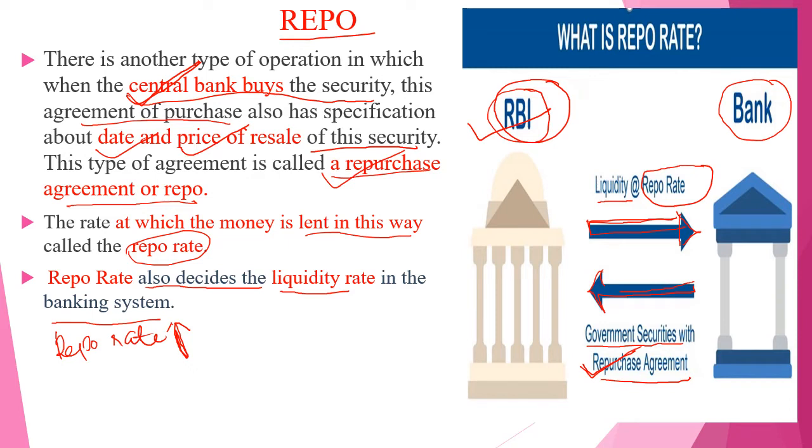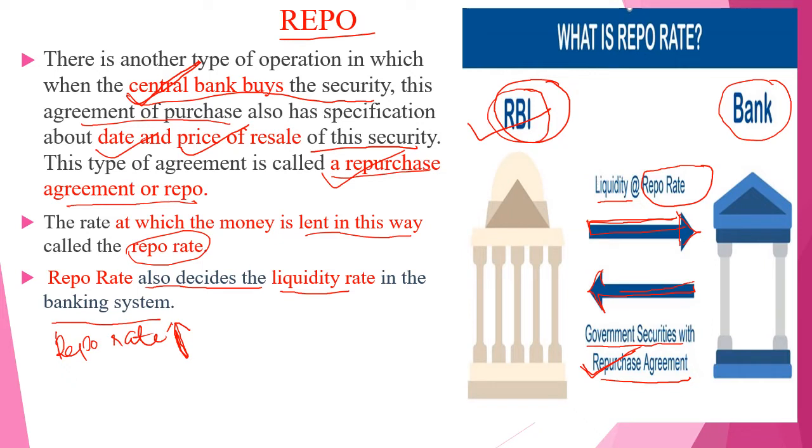You can compare this with our own life situation. If you want to take loans from a commercial bank and the interest rate is very high, you are discouraged from taking loans. The same thing happens here. When the repo rate is very high, it discourages commercial banks from taking loans from the Reserve Bank of India.